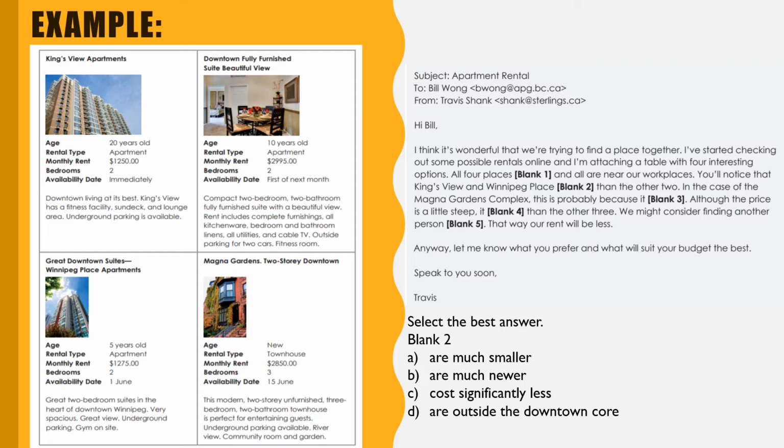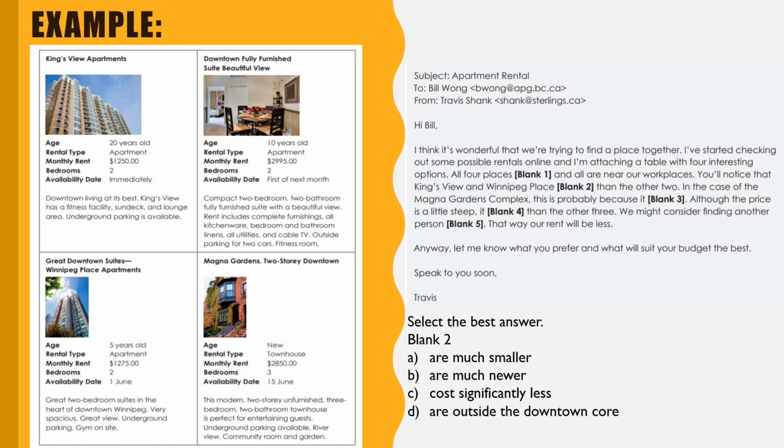You will notice that Kingsview and Winnipeg Place blank the other two. And the options are: are much smaller, are much newer, cost significantly less, are outside the downtown core. So here the answer will be C. C is the correct answer.